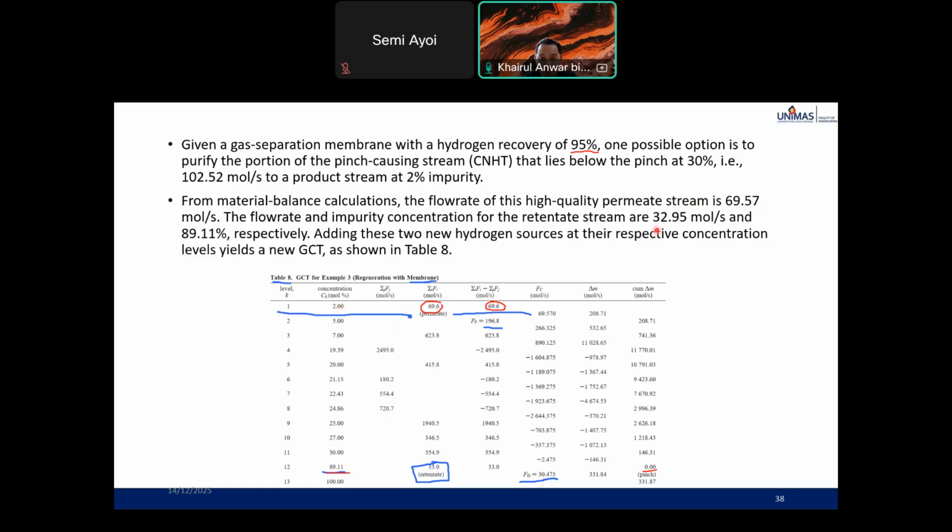The rest becomes the waste from the membrane. That waste accounts for 32.95 mole per second with the concentration around 99.11%. So which is why 69.6 is for the 2%.